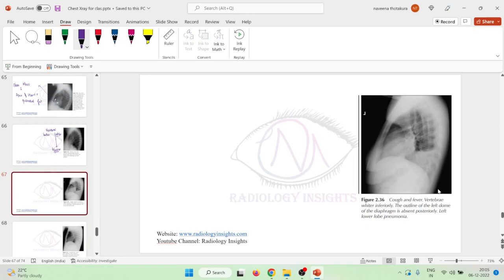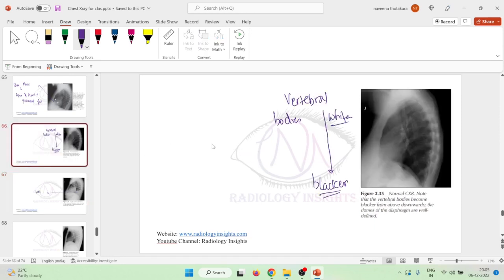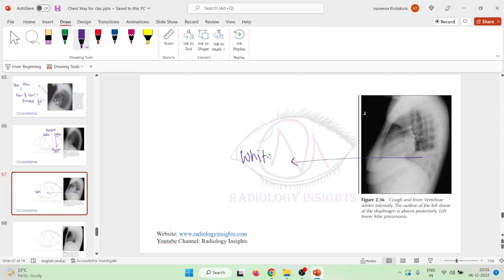Next, see here, the vertebrae are whiter inferiorly. Normally in the lateral chest X-ray, the vertebrae are blacker inferiorly. But here you can see that the vertebrae are whiter. Why?